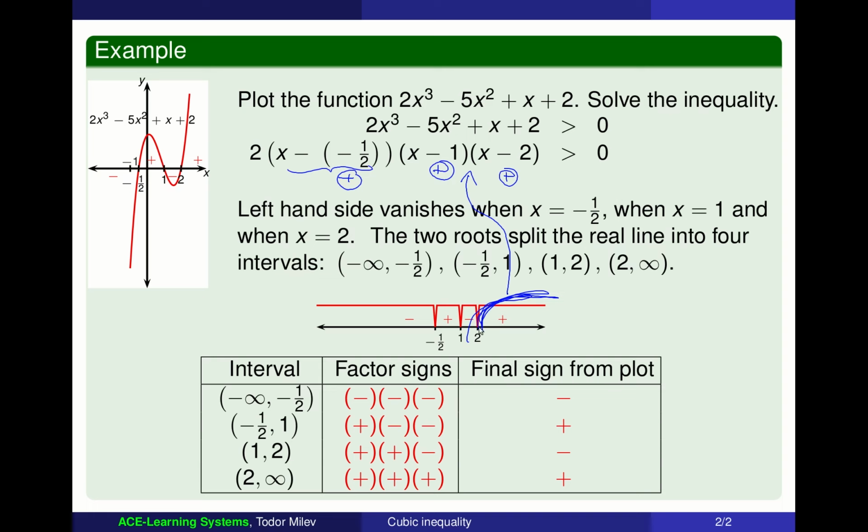Because if you pick an arbitrary number x between 2 and infinity, say x equal to 10 billion, you're getting something positive here, something positive there, and something positive in this term. So you're having the product of 3 positive quantities. The product of 3 positive quantities is necessarily positive.